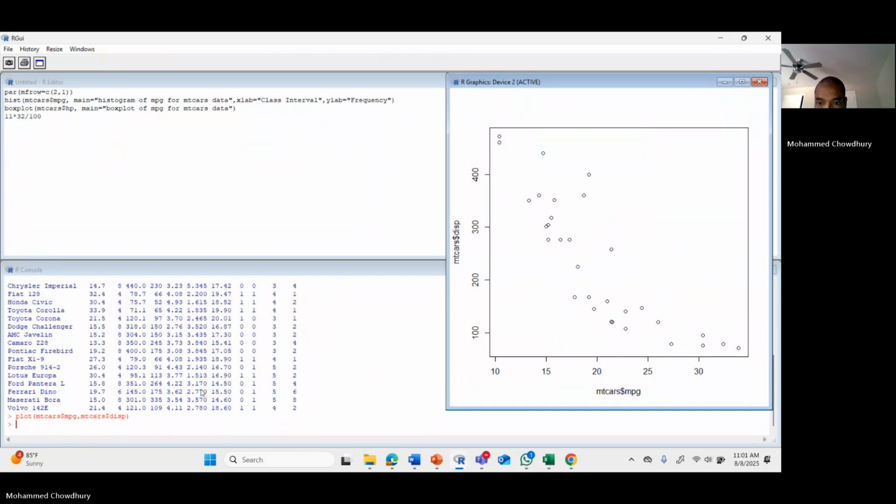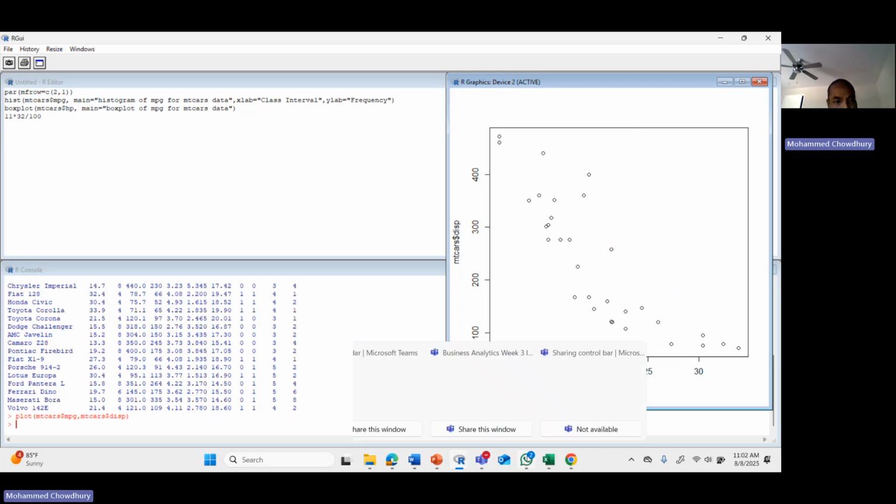DISP is going down, MPG is going up. So this is the scatter plot, and I think we can do the same thing in Excel by opening data.